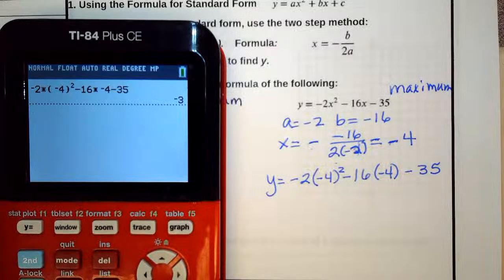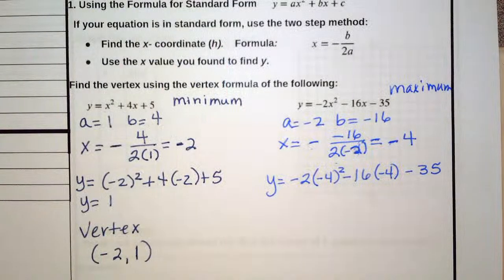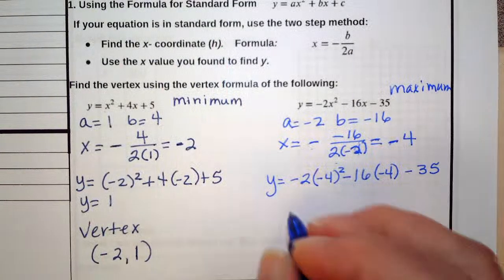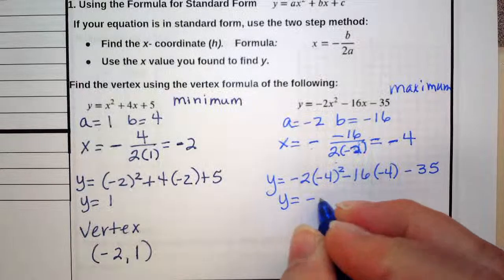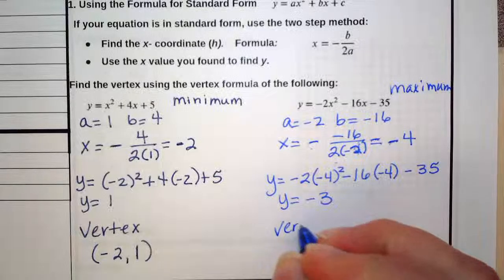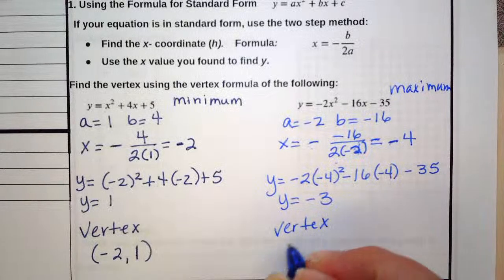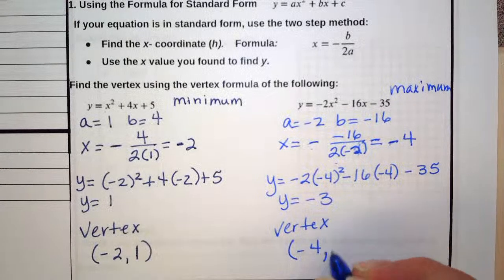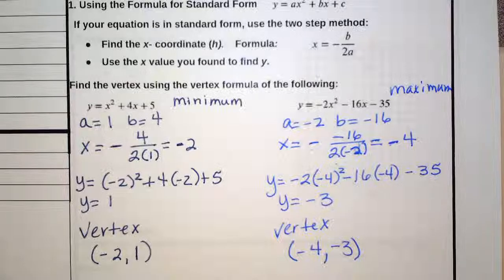We get negative 3. So that vertex, that maximum, is going to be the point negative 4, negative 3. Once again, we can always put it in the calculator and make sure we've got the correct point.